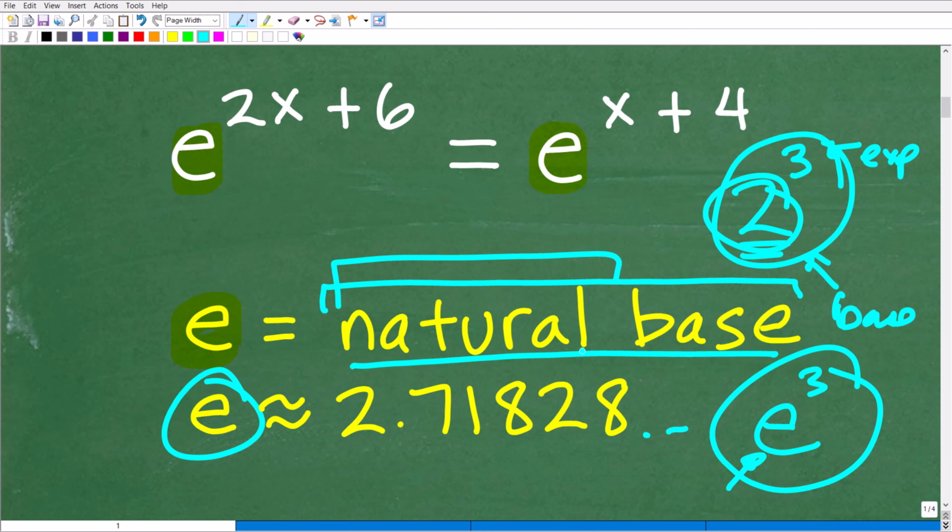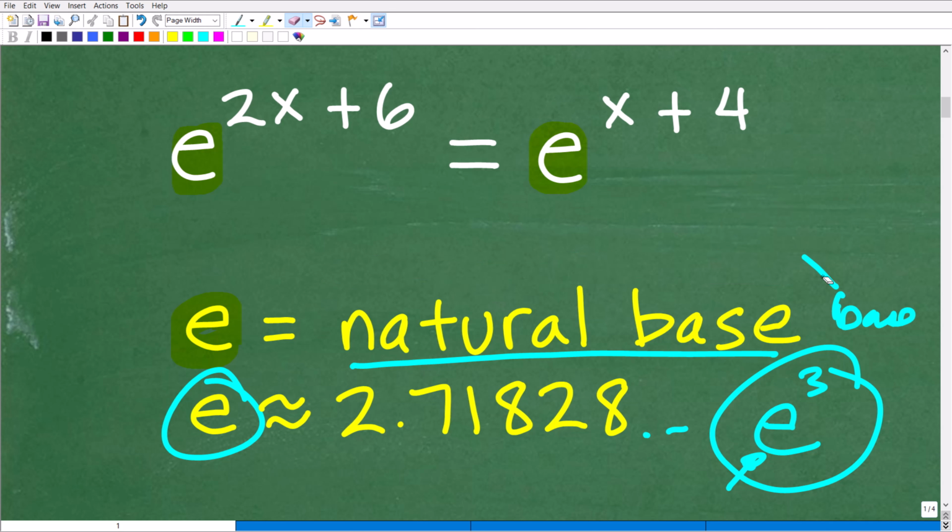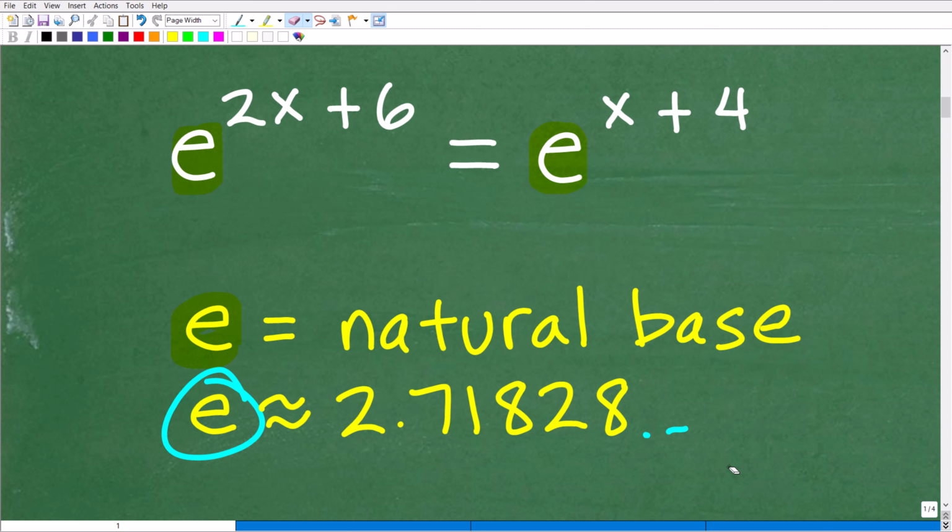If you've never heard of it before, you will have an opportunity to study it if you continue your studies. The level of math we're doing here is probably Algebra 2, college algebra, or pre-calculus, but even if you've only taken basic algebra, you can still understand what's going on. So that's what e is here.